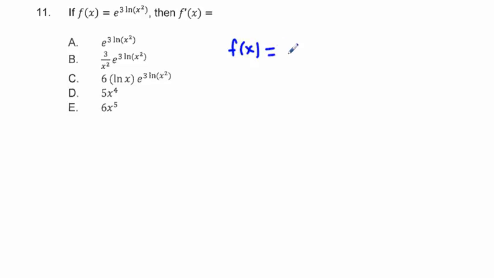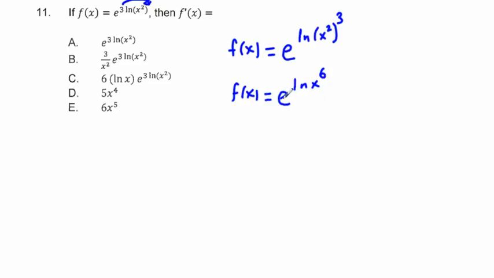So we're going to rewrite this as e to the power of, we can take this 3 in front of ln x squared, and take x squared and raise that to the power of 3. So we've taken this 3 and moved it over here as a power using properties of logarithms. So what we have is f of x equals e to the power of ln x to the 6th power.